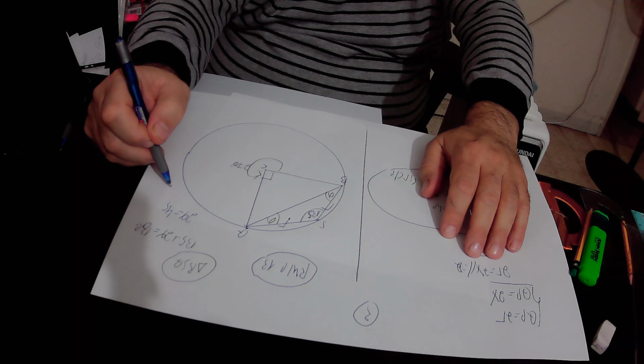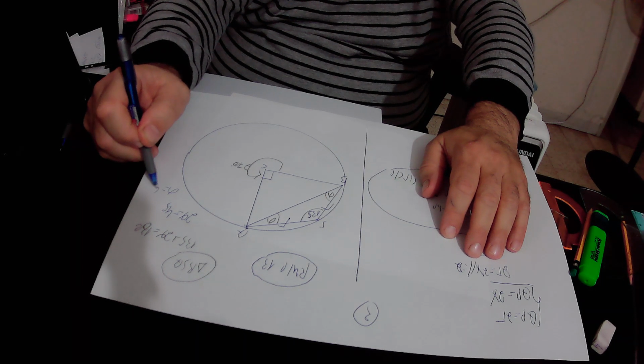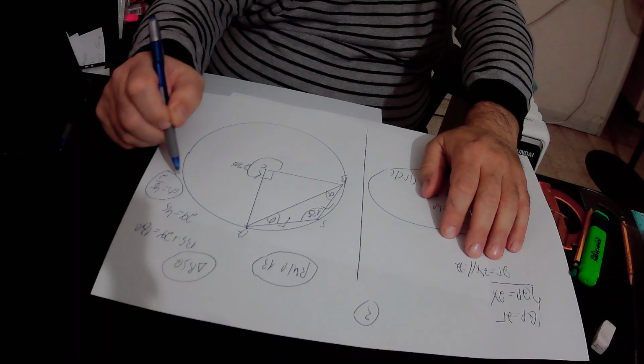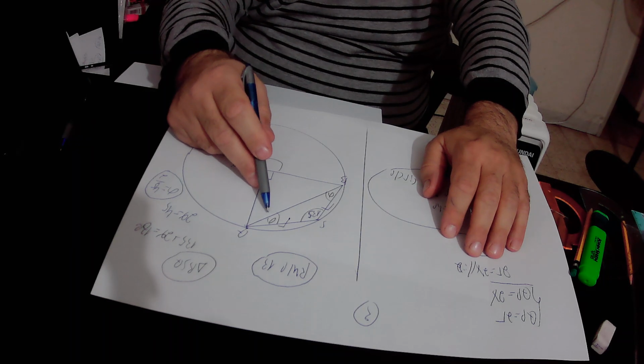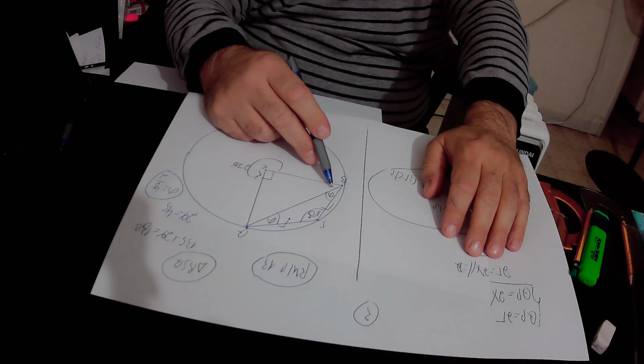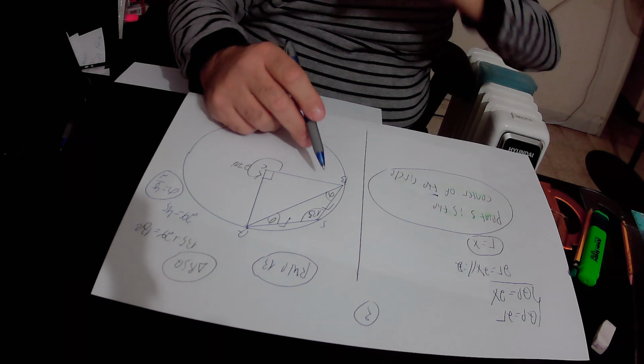We divide this equation by 2 and finally we get that alpha equals 45 over 2 degrees. So this angle alpha is equal to 45 over 2 degrees, and this angle alpha also equals 45 over 2 degrees.